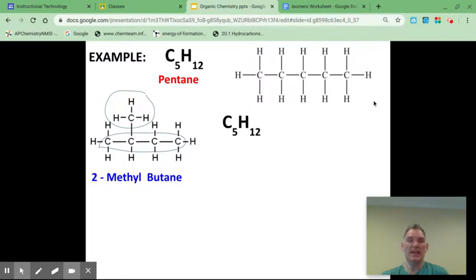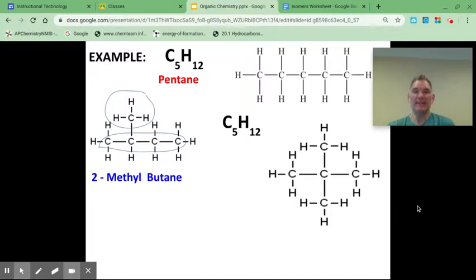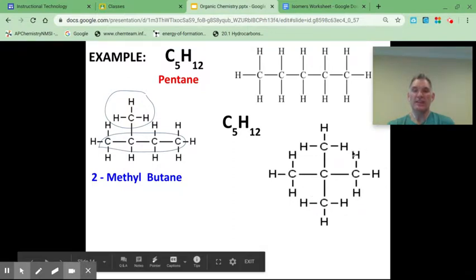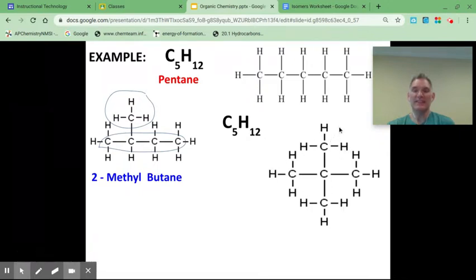So watch what happens. Look what I get. Looks kind of funky, looks kind of weird, but let's see. Is this C5H12? 1, 2, 3, 4, 5 carbons. 3, 6, 9, 12 hydrogens. It is a different structure.